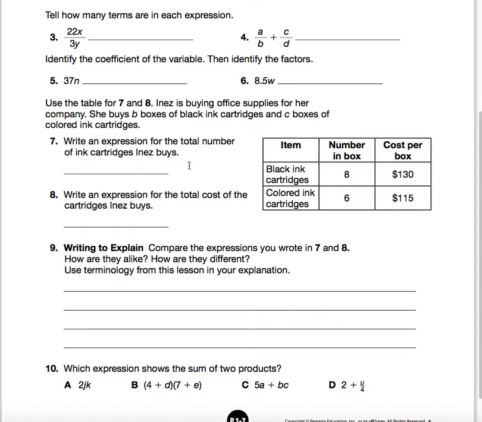Well, you have the number of cartridges in a box. We don't know how many boxes they're going to buy, but we do know that there's 8 in a box. We also know that in the colored cartridges there are 6 in a box. The unknown is how many will be purchased.